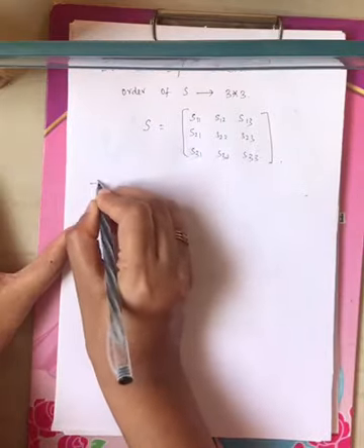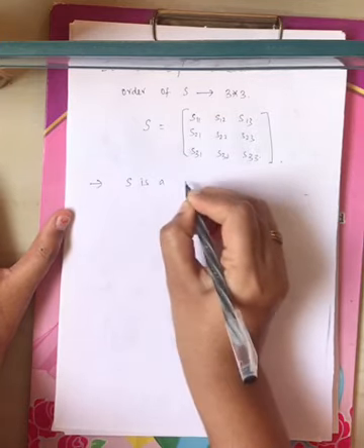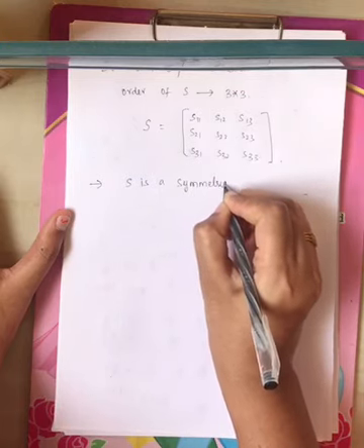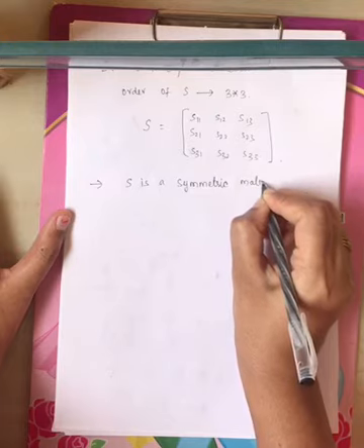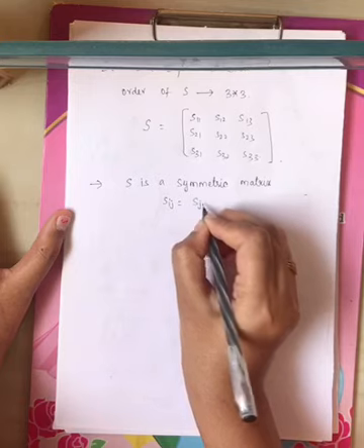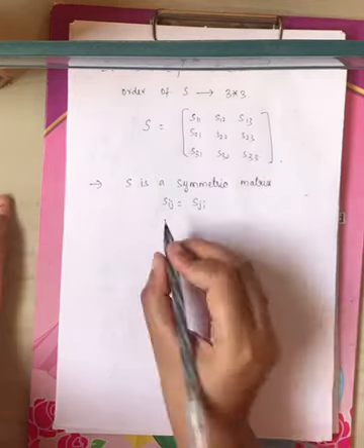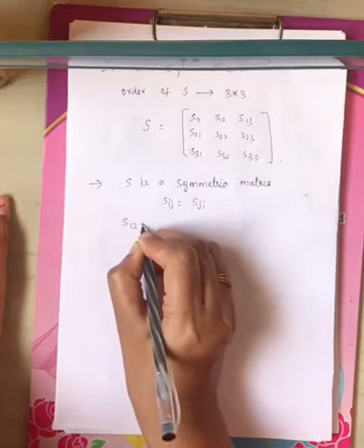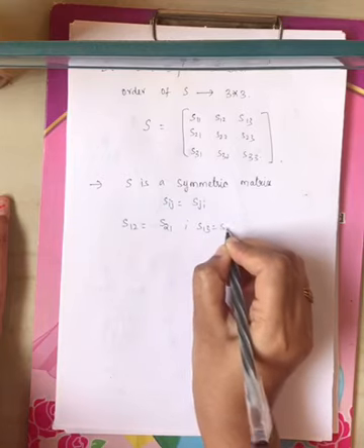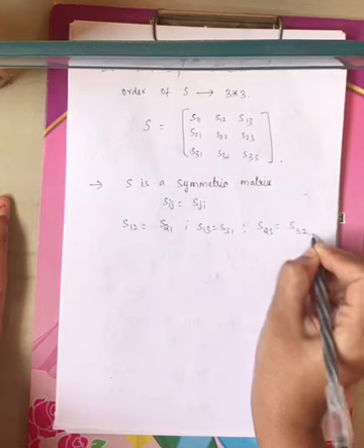Now from the property of S matrix, S is a symmetric matrix. What is a symmetric matrix? Sij equals Sji. That means S12 equals S21, S13 equals S31, and similarly S23 equals S32, right?